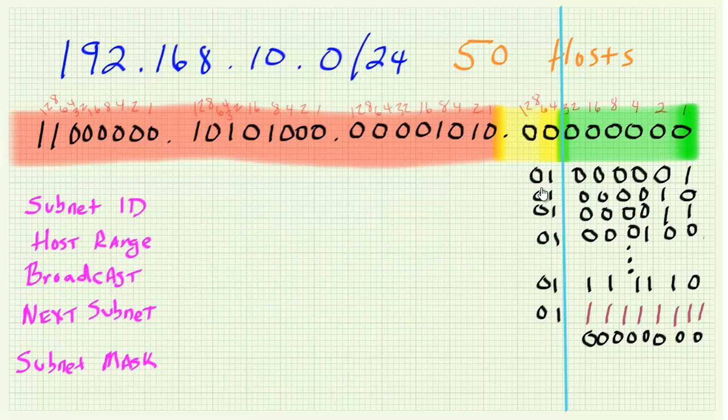Okay, here we are with the second subnet. And we started with subnet 0. That's when both of our subnet bits were set to a value of 0. And our subnet ID at that time was 192.168.10.0/26. So as you just saw, we worked through and we figured out what the host range and the broadcast and so forth for that subnet was. So now we have set our first subnet bit to value 1.